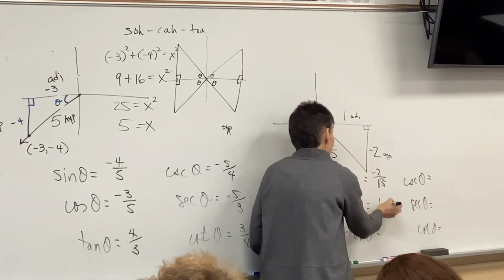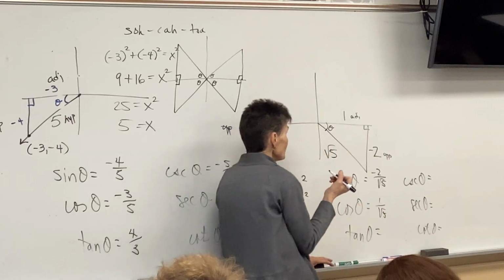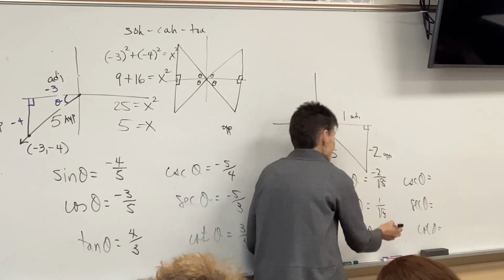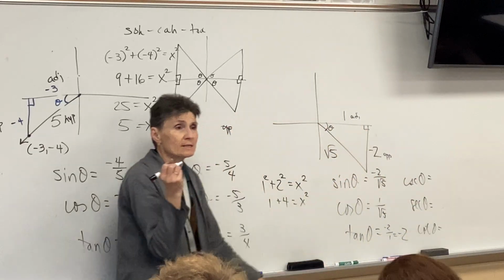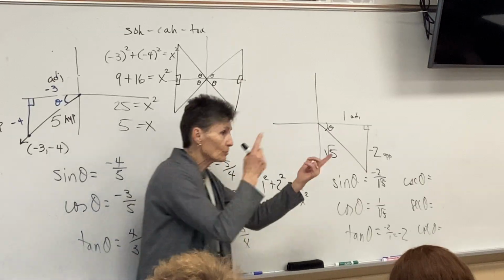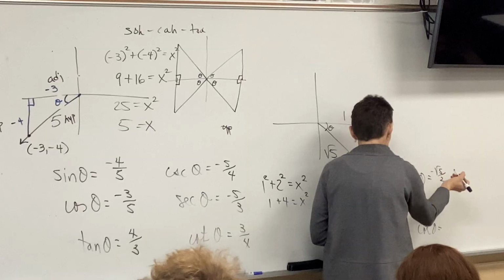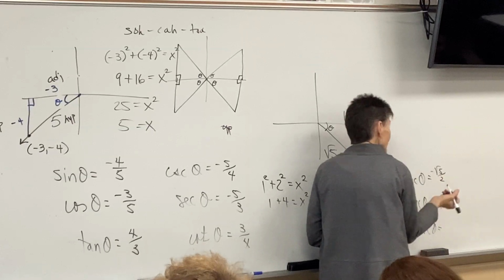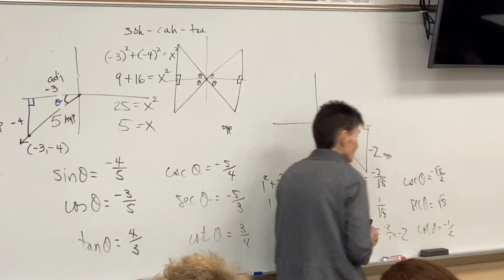Cosine is 1 over root 5. And tangent is -2 over 1, which I'm going to write down as just -2. And I'll do my reciprocals. So negative root 5 over 2, root 5, and -1/2.